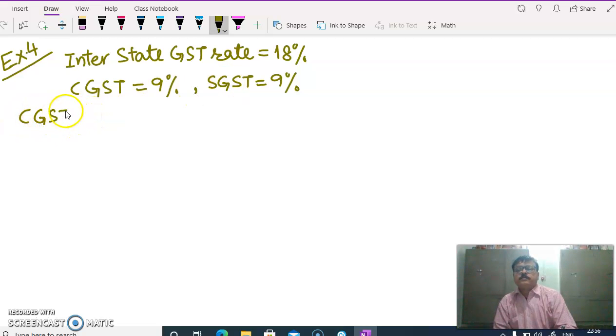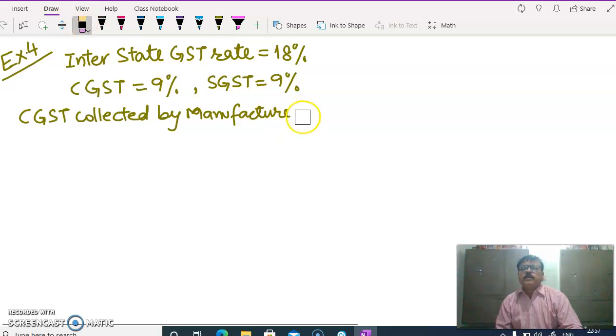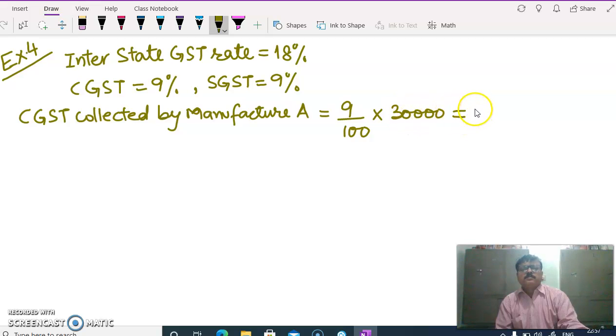So the CGST collected by the manufacturer A will be 9% of the selling price, which is 30,000, which is rupees 2,700.